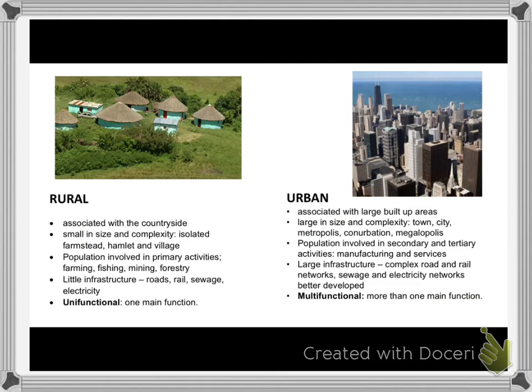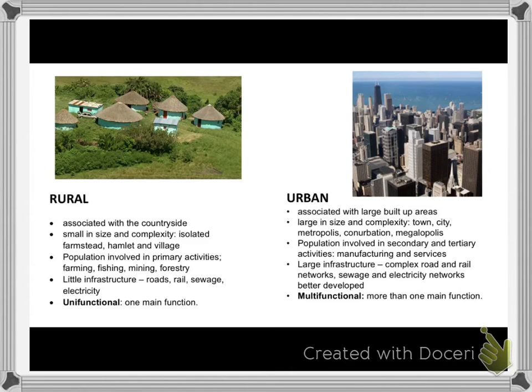Now we get to the difference between rural and urban settlements. Rural, I'm not going to go through all of these points, you can read them. The main thing you would have noticed in the video is unifunctional: there's one main function, whereas urban areas are multifunctional, meaning more than one function. There are two main ways of recognizing a rural or urban settlement. Urban settlements have a higher population density than rural areas, so there are more people in a specific area.